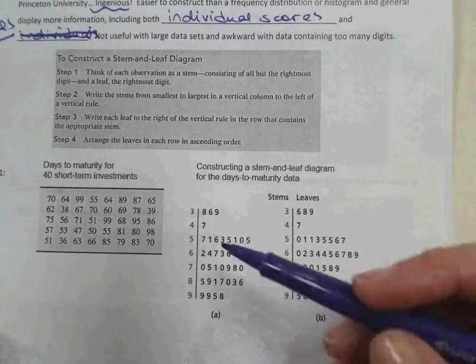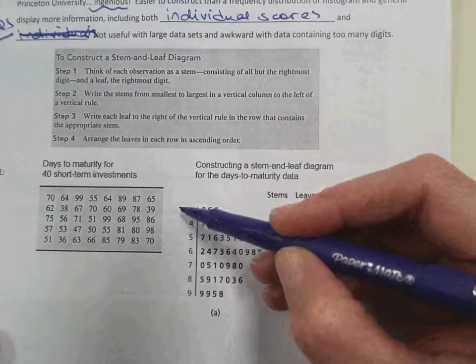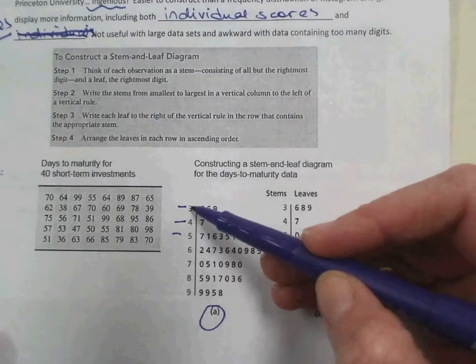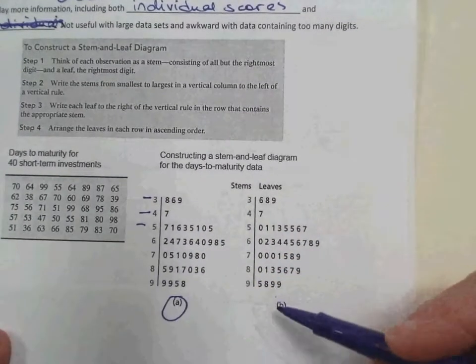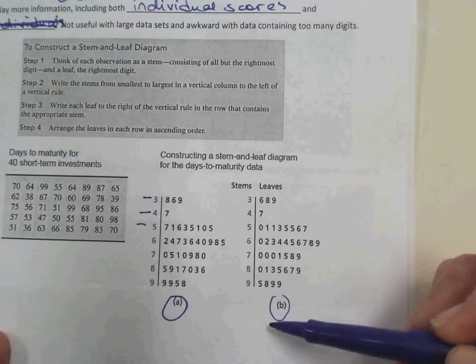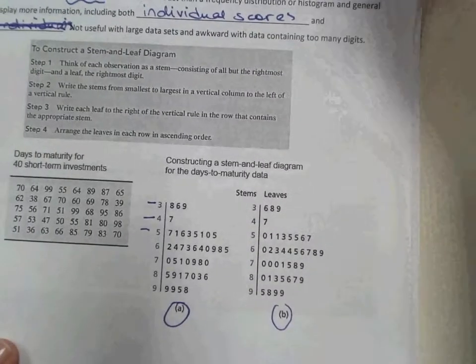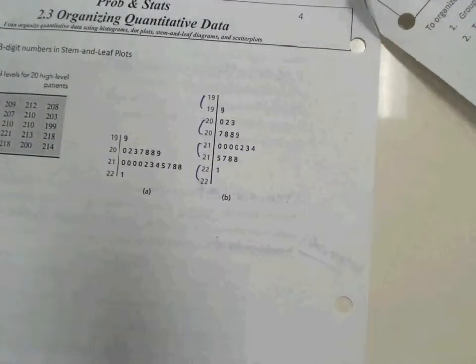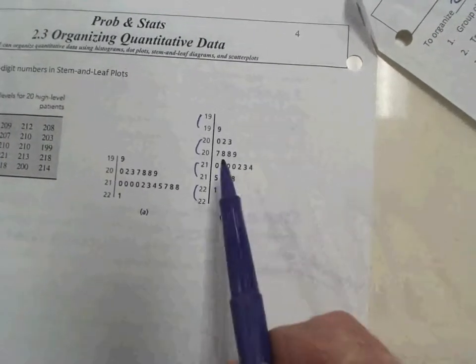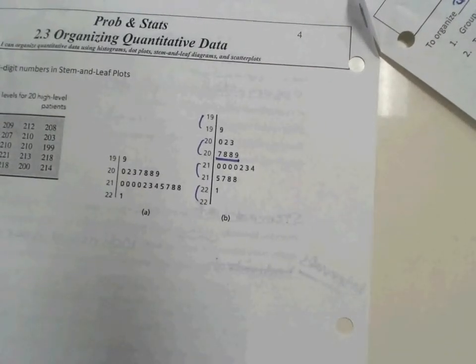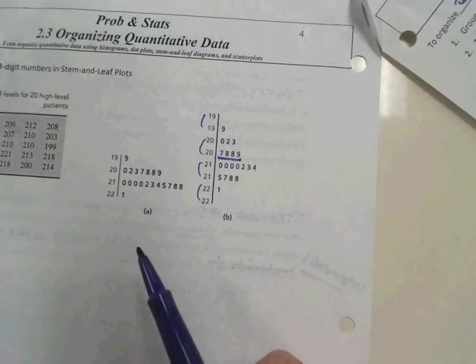You list these all in order, and then you can see how in stem and leaf diagram A, each stem is just listed once, versus in B, on the second page, each stem is listed twice. Right here. So you can see 19 and 19, 20 and 20, 21, 22 are listed twice. And that helps because sometimes you just have a lot of leaves and you don't want the leaves to be so long. So you can actually break the stems and list them multiple times.